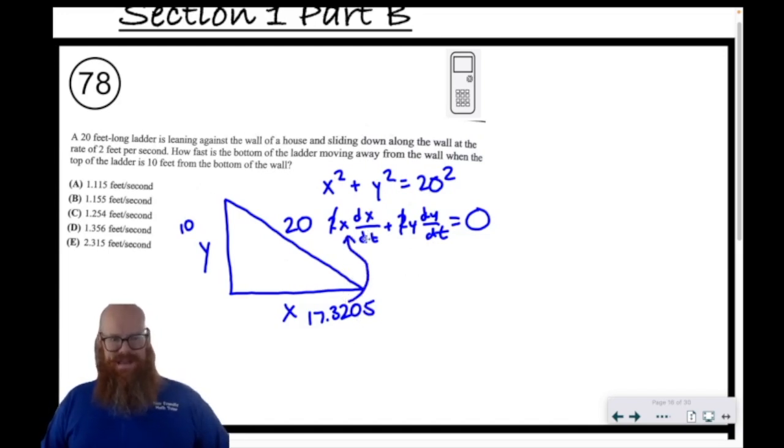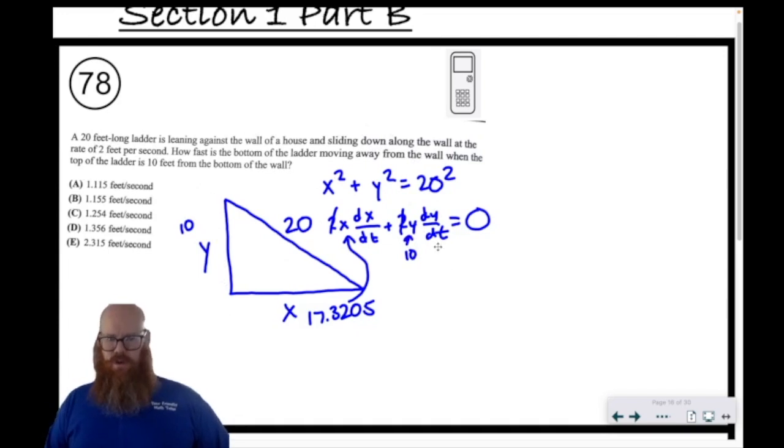dx/dt, that's the rate at which it's moving away from the wall. It's sliding down at 2, but the rate at which it's moving away is what we're looking for. So dx/dt. Y is this 10. And dy/dt is the rate at which it's sliding down the wall.